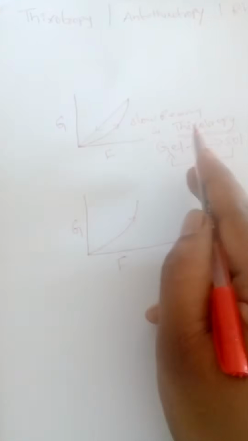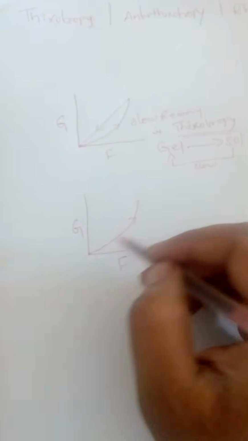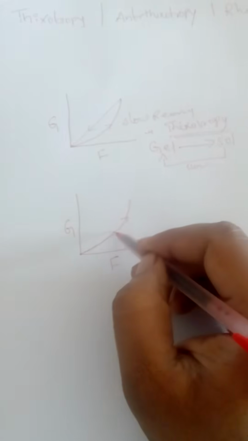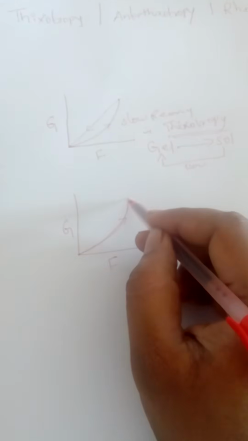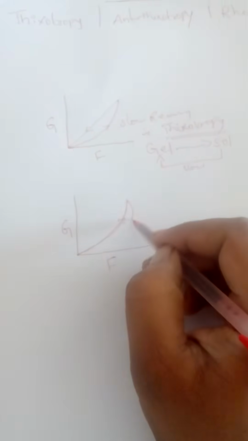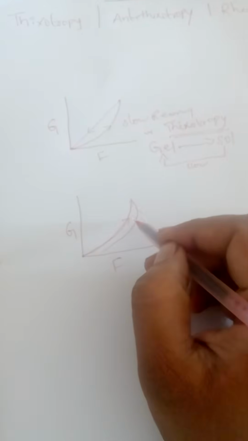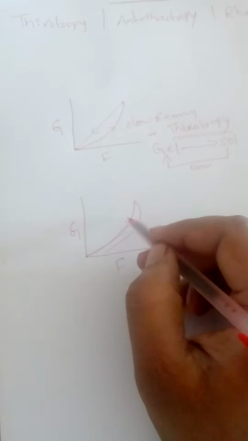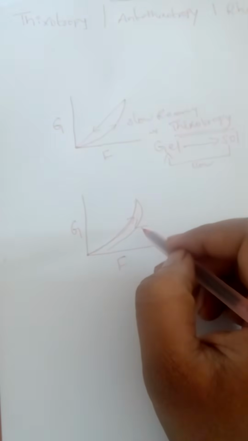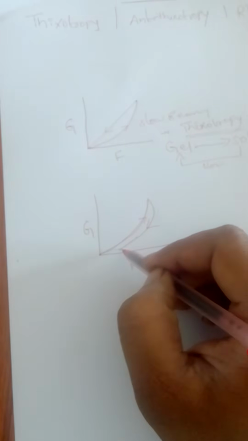In case of antithixotropy, the down curve shifts towards the right side of the up curve and recovery is slow.